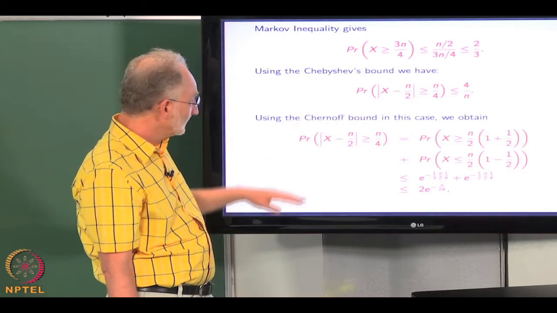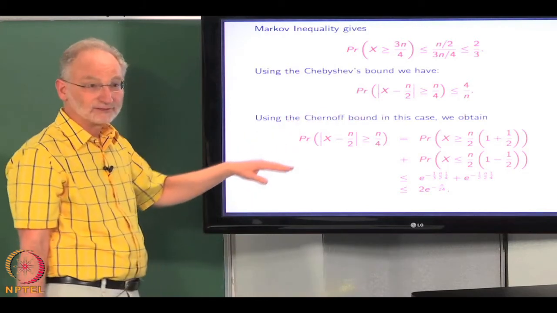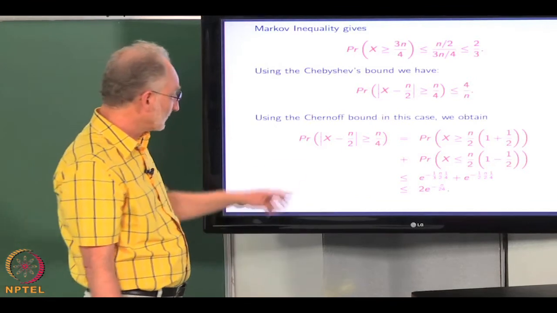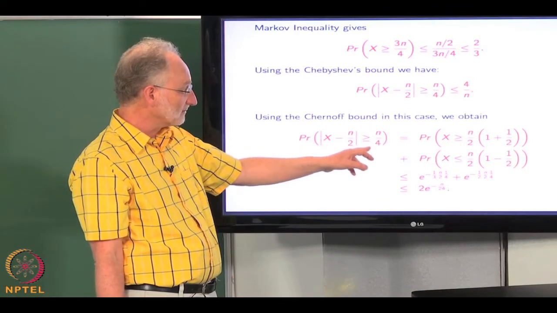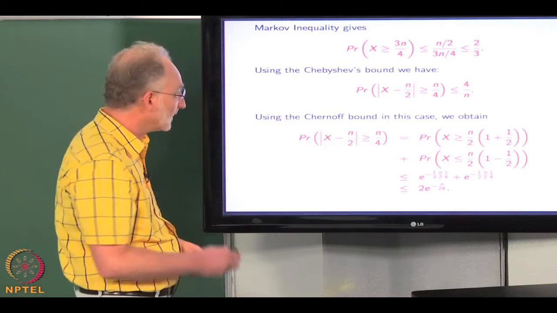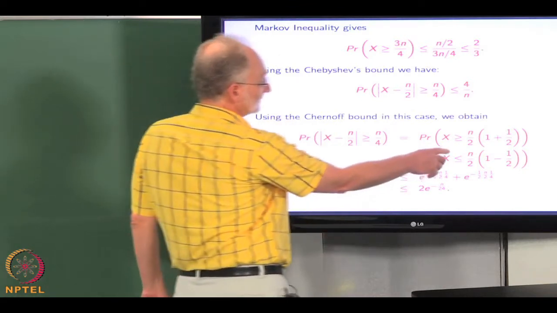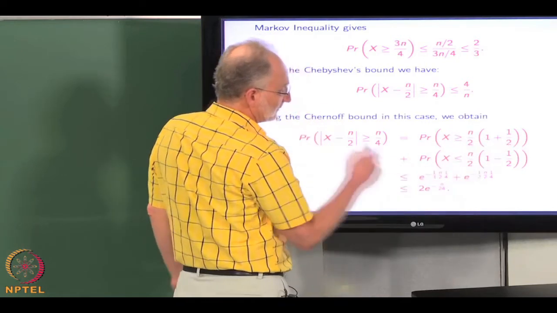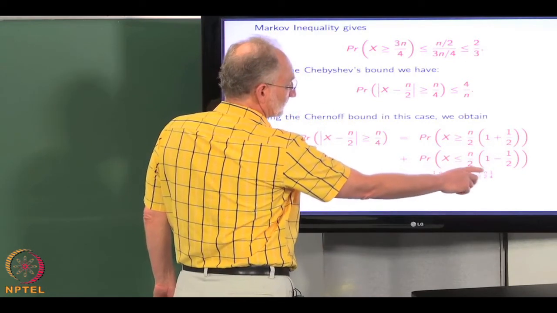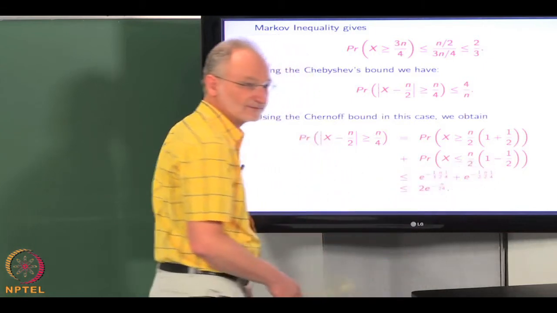Now we look at the Chernoff bound, which we just proved. The probability that x deviates from its expectation by n over 2, that is, x is greater than its expectation times 1 plus half, or smaller than its expectation times 1 minus half.